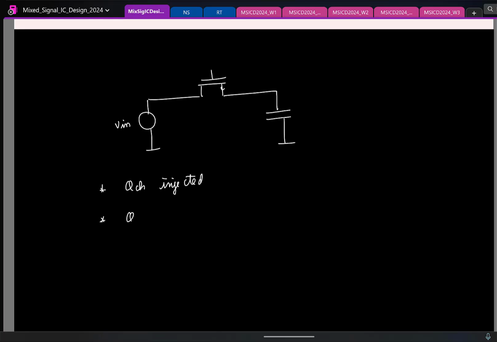So let's say I'll redraw the same thing. So this is Vin. Again, to remind you, the issue is because I'm having some charge getting injected, and also this charge is a non-linear function of the input.